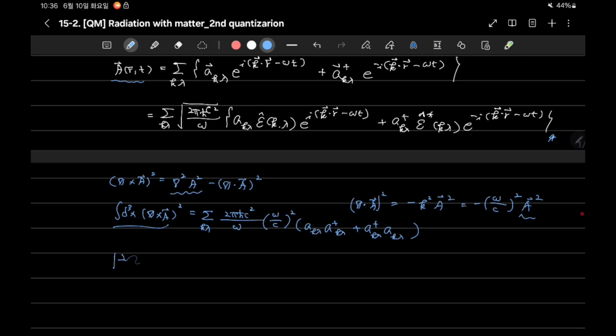With t, 1 over c partial A partial t squared is 1 over c squared, and partial A partial t gives minus i omega, where the i omega comes from here. So it is minus omega squared over c squared A squared.